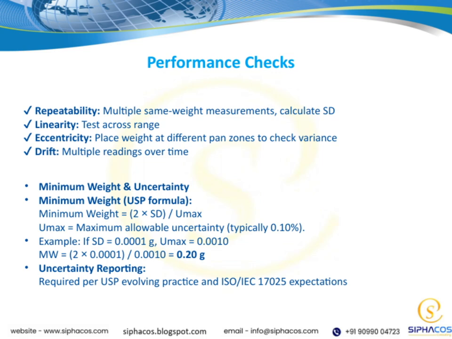Lastly, drift testing means taking multiple readings over time to detect any gradual changes in the scale's performance. All these checks help us confirm that our weighing process remains precise and reliable, aligning with the overall goal of ensuring quality and compliance in our measurements.